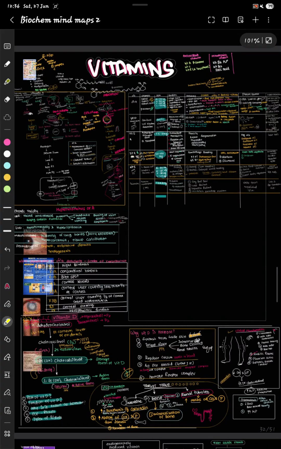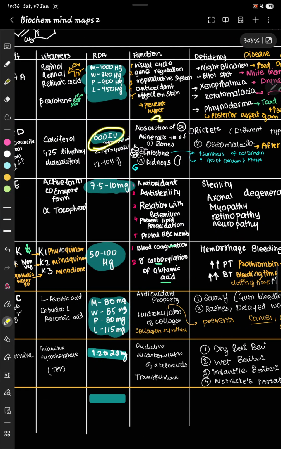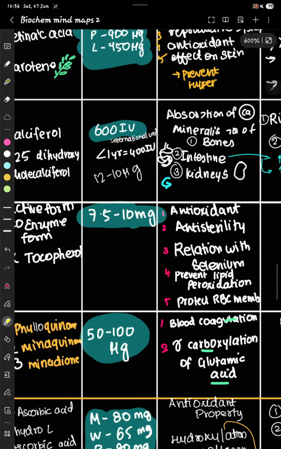The RDA of vitamin D is 600 international units, right? Or in terms of micrograms, it can be told as 10 to 12 micrograms. But if you want to say it in terms of international units, it is 600 international units.